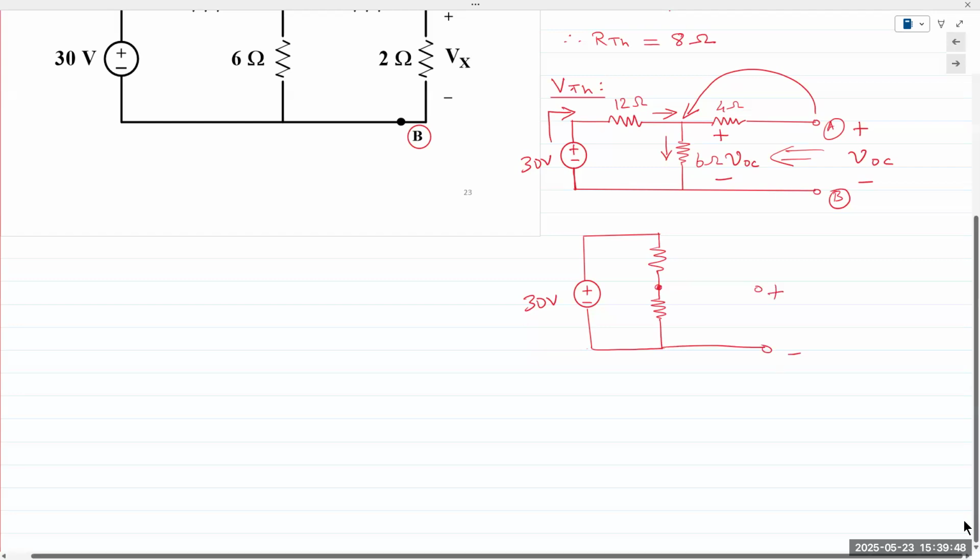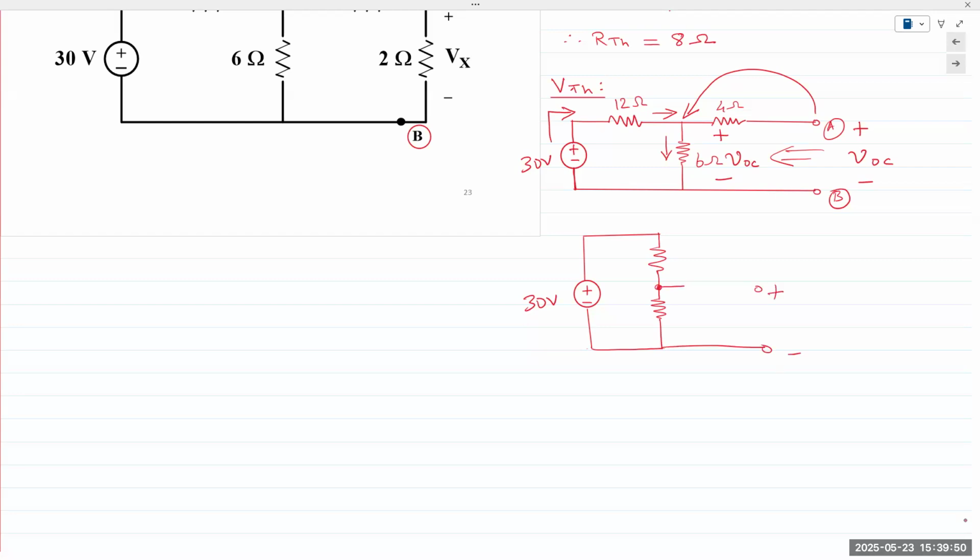Oh, this shouldn't be like this. Should be like this. But because it's open circuit, it may as well not exist at all. So this is 12, this is 6, this is VOC.